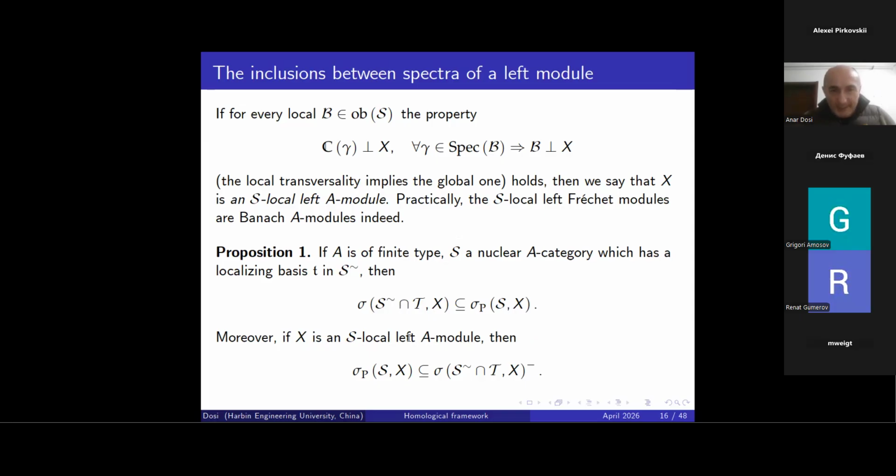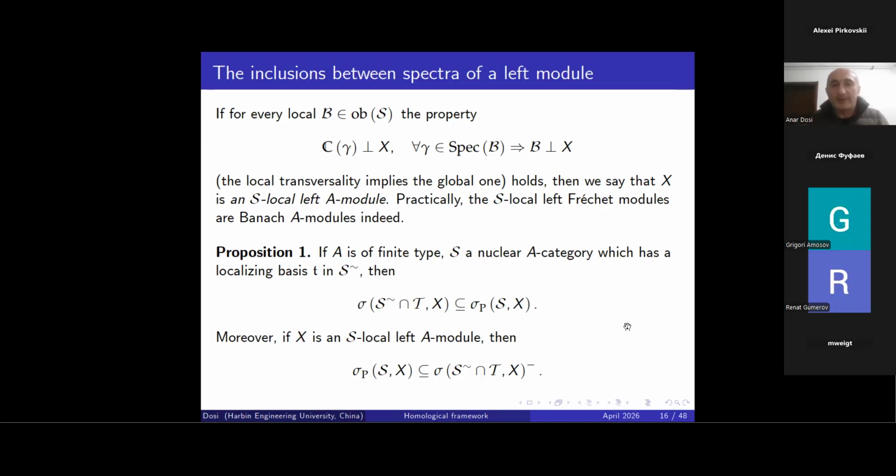But if the module is like Banach, let's say an S local left module, then we have a density result. The Taylor spectrum will be dense in the Putinar spectrum, right? So under this condition, we can compare the Taylor and Putinar spectra in quite a general case.